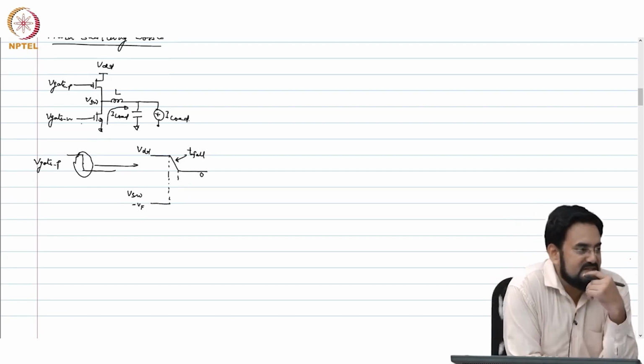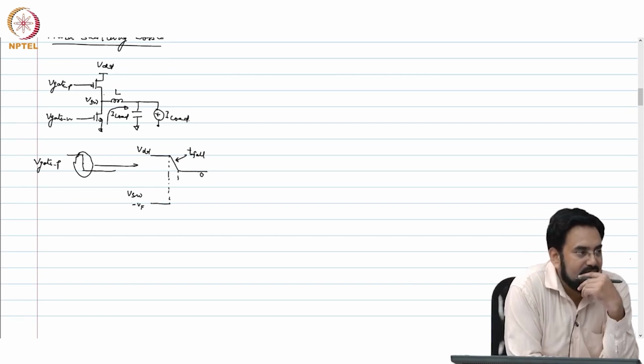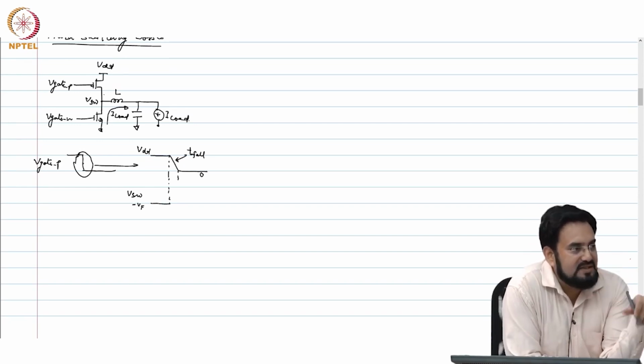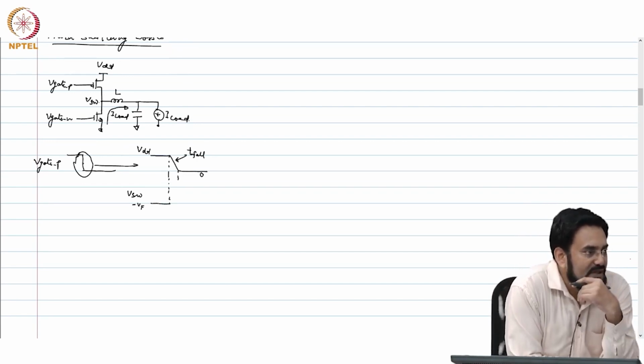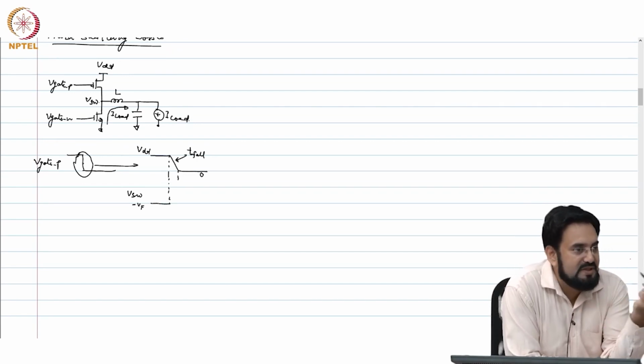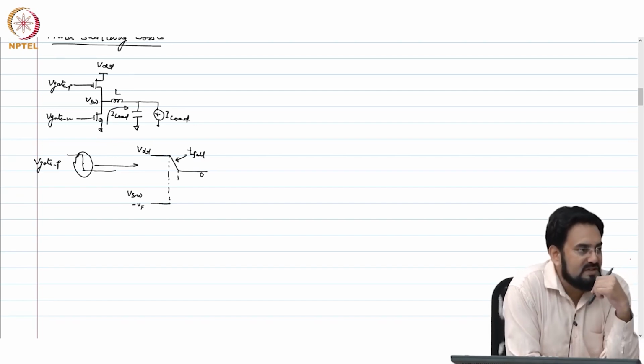Unless you reverse bias this diode, it will not rise, correct? As long as the diode is conducting, this voltage will be maintained at minus VF. So, this body diode has to be reverse biased in order to have VSW rising.